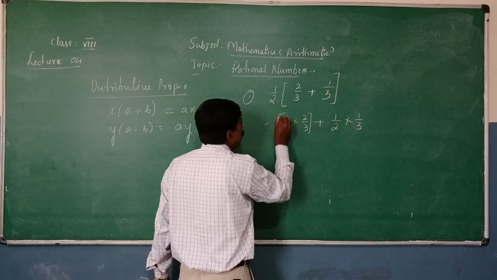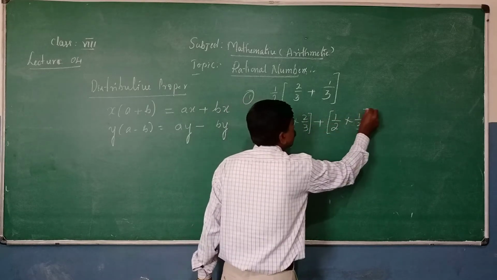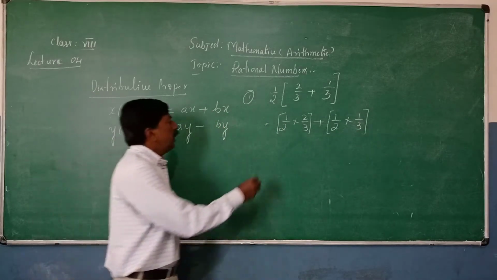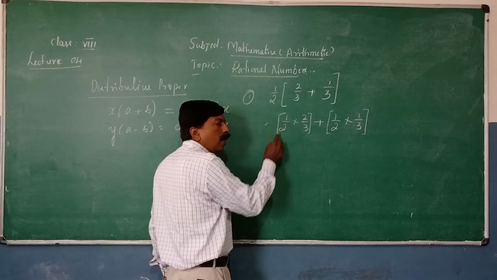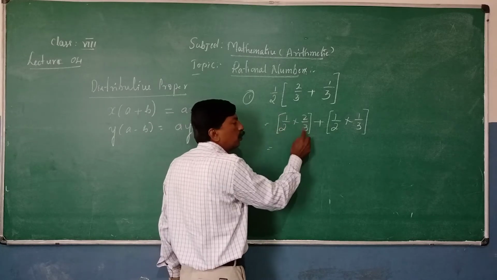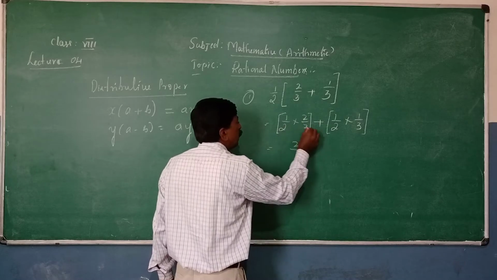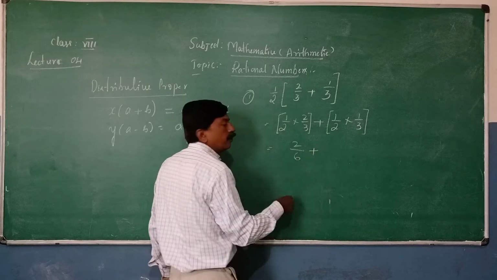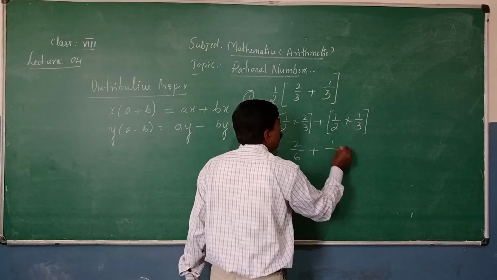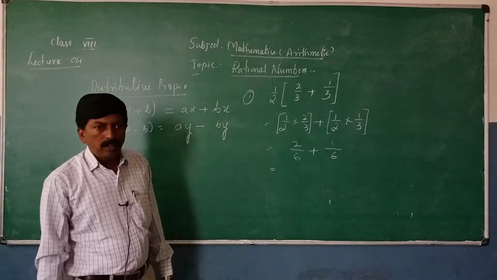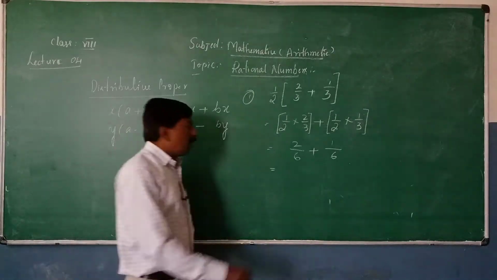Now these two you can simplify, and after that you can take LCM and simplify. The product of 1 by 2 into 2 by 3 is 2 1s are 2, 2 3s are 6, plus 1 1s are 1, 2 3s are 6. So now after this, you can take an LCM of 6.